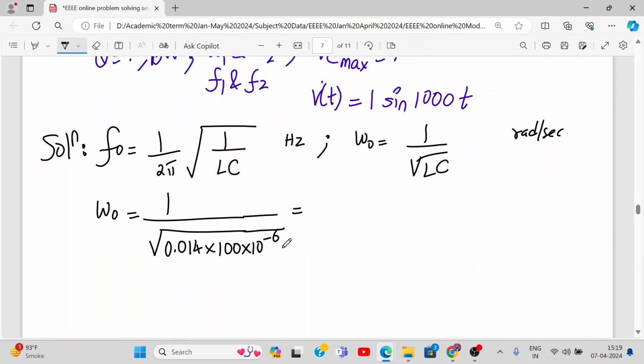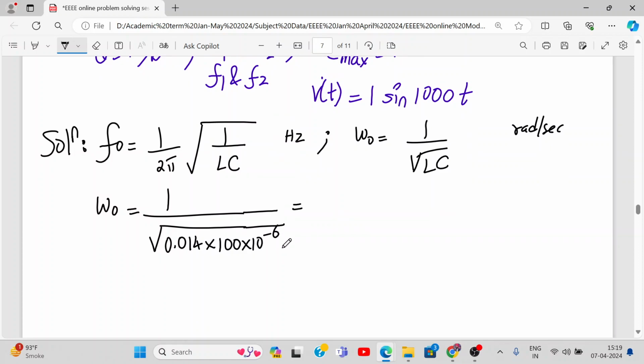Omega naught is how much? 0.014 into 100 microfarad. Come on, we have AC circuits numericals left. 8.45.